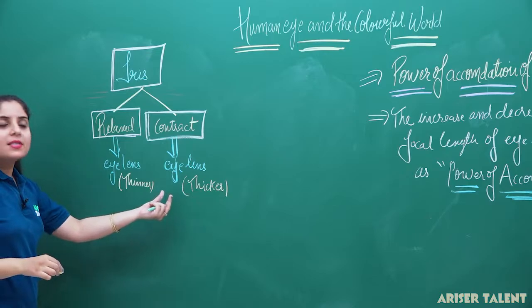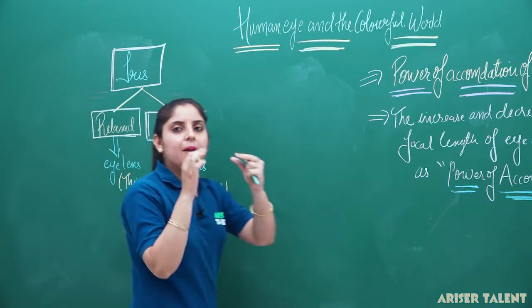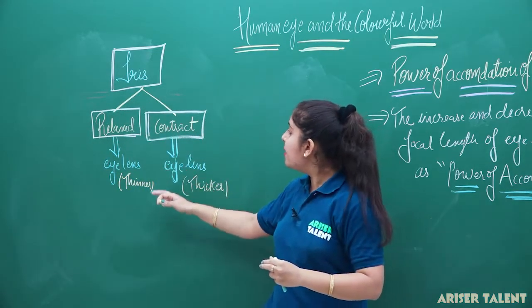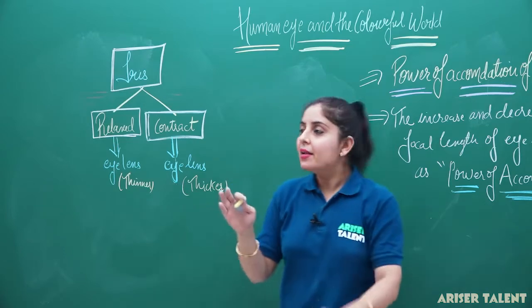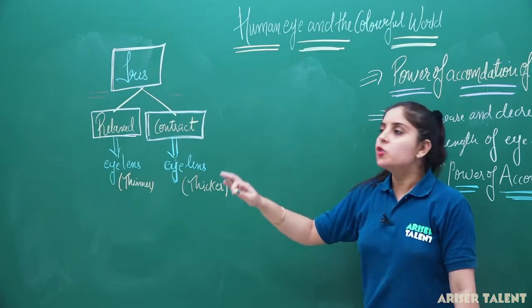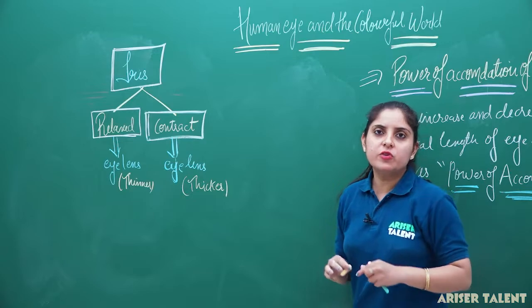So these are the two things occurring here. When the iris becomes relaxed, the eye lens will become thinner, and when the iris contracts, the eye lens will become thicker. So thinner and thicker are the two situations we have.